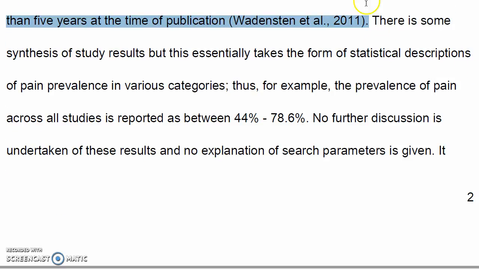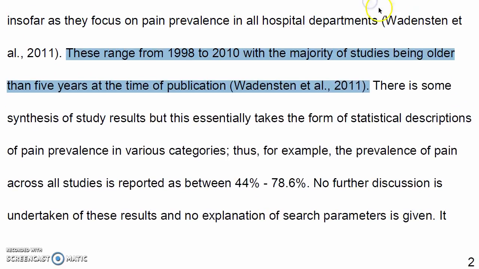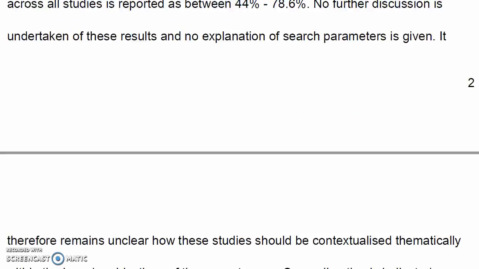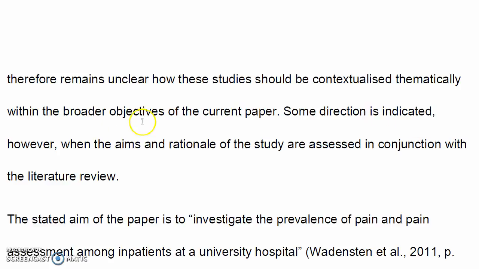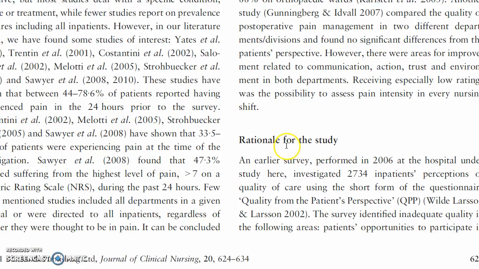He's done a nice job there. He goes on to gather the threads together. Some direction is indicated, however, with the aims and rationale of the study assessed in conjunction with the literature review. So that's what he's saying, and we'll see that here.